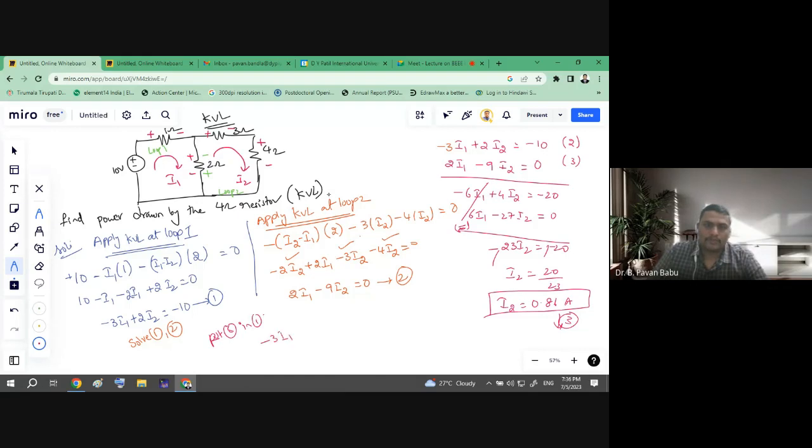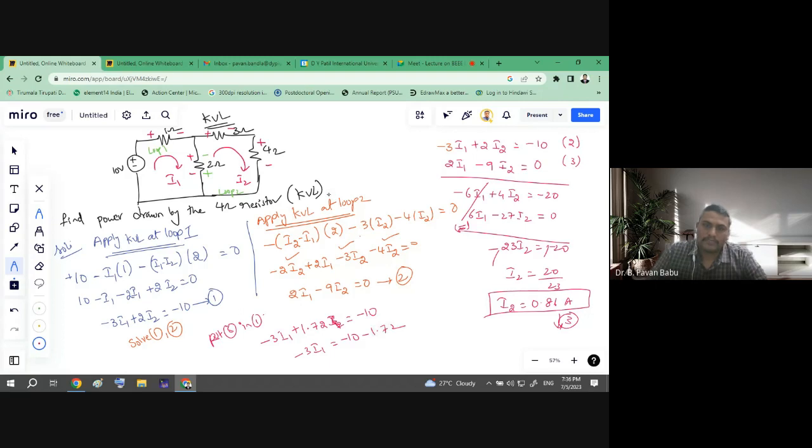Minus 3 into I1 plus 0.86 into 2, that is 1.72 into I2 equal to minus 10. Sorry, after substitution it is only 1.72. Okay, so minus 3 I1 equal to minus 10 minus 1.72.